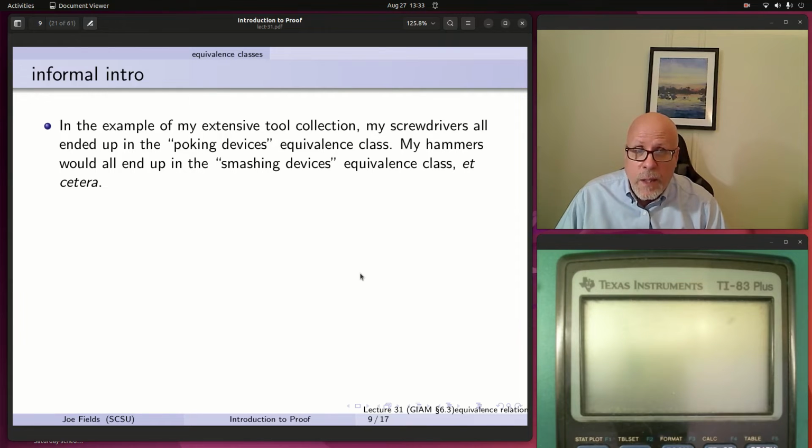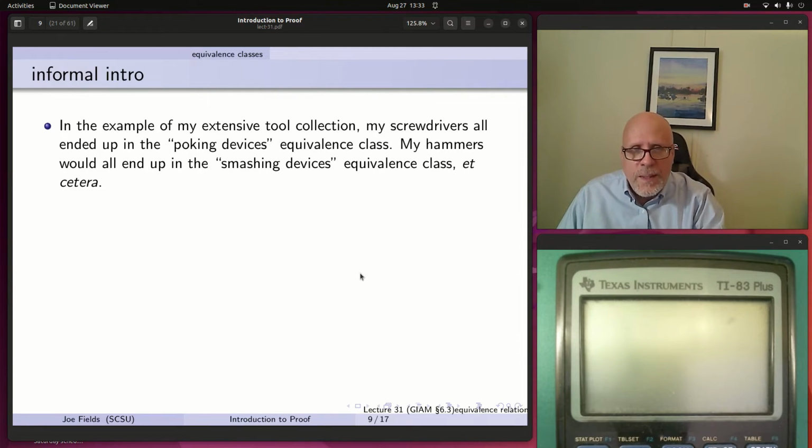If I have a lot of hammers too, from great giant ones to really tiny little things meant for precise work, all my hammers end up in the smashing devices category. I've got tools for squishing things, vices and various kinds of pliers, so I guess there's a squishing devices category or class.